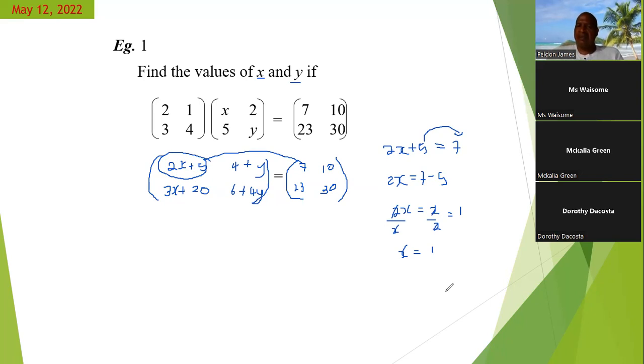So we do the same thing to get Y. Now, if we already used one of the corresponding elements to solve for X, there's no need to use the other corresponding element, because once you solve it, you should get the same answer, 1.